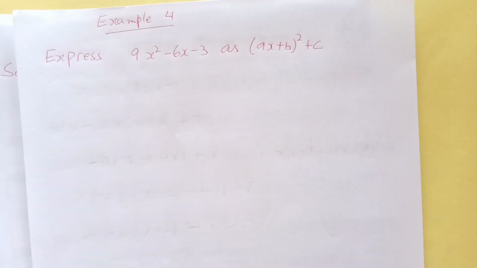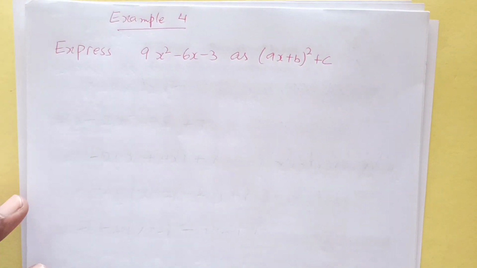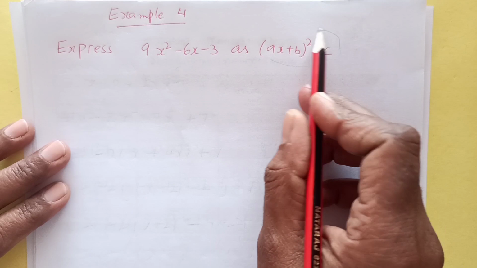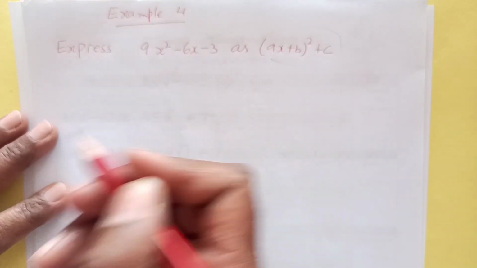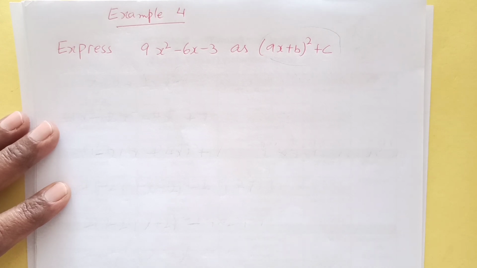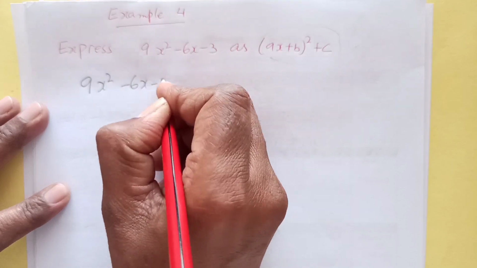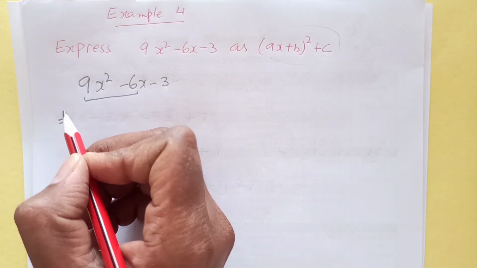So now we have here another example of a different form. Express this as (ax plus b) squared plus c. Now you see, they have changed this thing to different types, but the process is the same. So don't worry, just continue with the same process. Like here we have 9x squared minus 6x minus 3, so we will take out 9 from here.